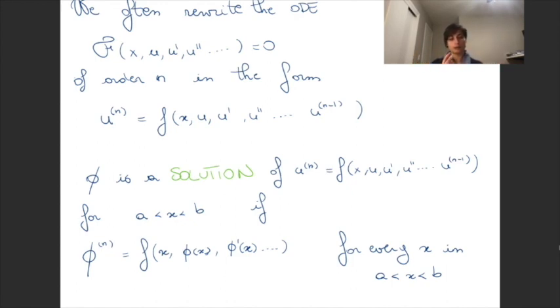So you're looking at a function phi of x, where x is between a and b, and you're solving the ODE for x between a and b. So when we're going to be talking about solutions, we want to be clear about where we're solving the ODE.